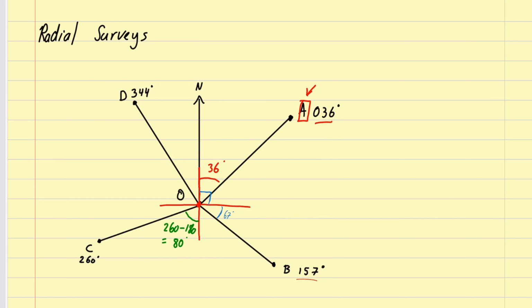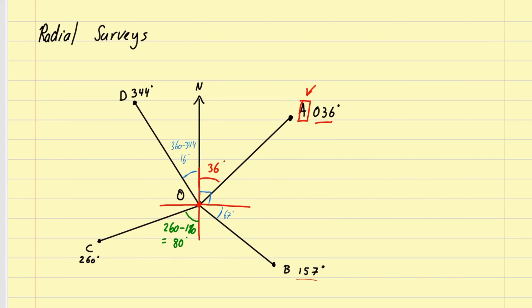Let's have a look at point D. It says it's 344 degrees. So in other words, from our origin all the way up until point D, that's going to be 344 degrees. So if I was to ask you, what would this angle over here equal to? Well, that's just going to be the whole thing, which is 360, and I'm getting rid of the 344 part. So that's going to be 360 minus 344, and that's going to be 16 degrees.